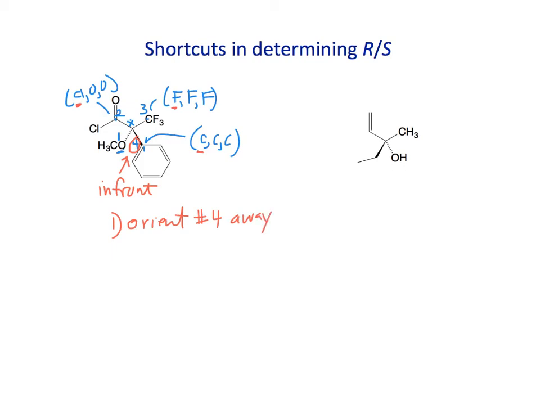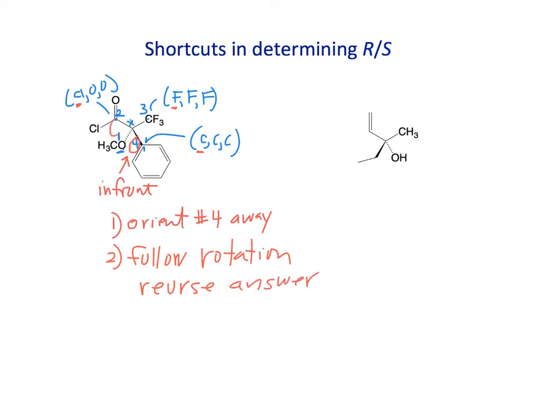This is what the rules say. But because there really are only 2 possibilities, R or S, what we can do is go ahead and look at the rotation, follow the rotation, and then we are going to reverse our answer, right? Because there's only 2 possibilities.